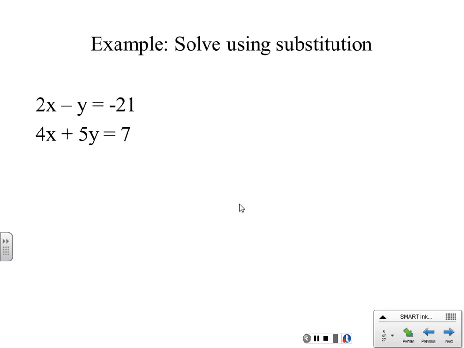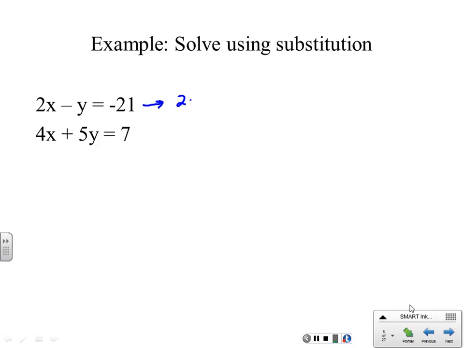So do you see the one that I'm going to go with? I'm going to go with the top equation, and I'm going to solve it for y. You don't have to do that, but if you don't, you're going to get fractions that you're going to have to deal with, which is fine. You're still going to get the same answer if the fractions don't bother you. But, again, my little hint is pick an equation that has a term with a coefficient of 1 or -1. So I'm going to take this one, and I'm going to solve it for y.